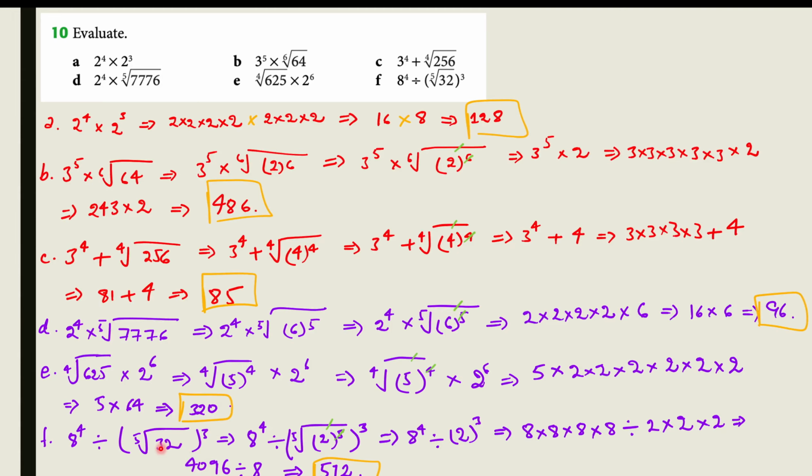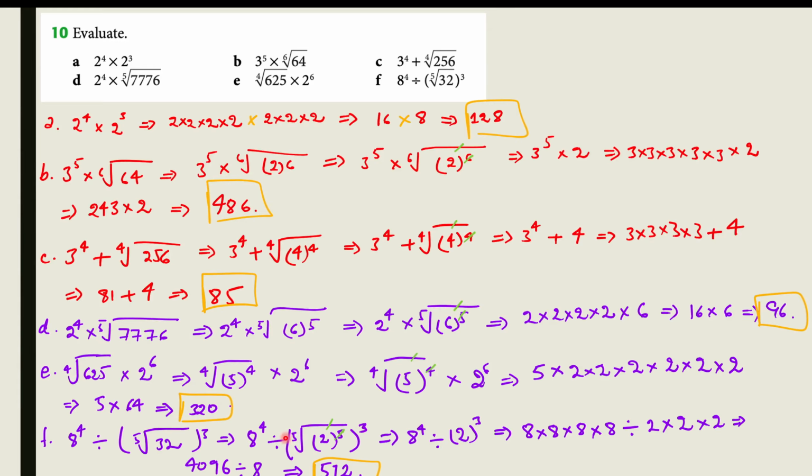Under the root, that 32 which we have, we can write as 2 raised to the power of 5. When 2 is multiplied with itself 5 times, we get 32. So 2 raised to the power of 5, the 5 gets cancelled with the root of power 5, and we are left with 2 whole cube, or 2 raised to the power of 3.